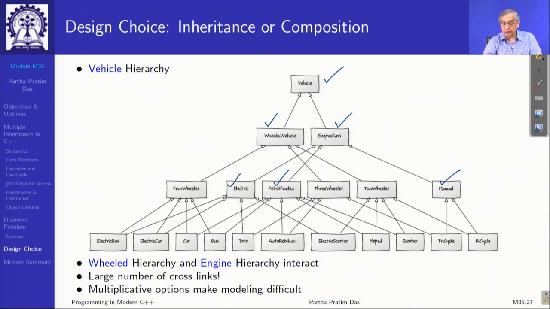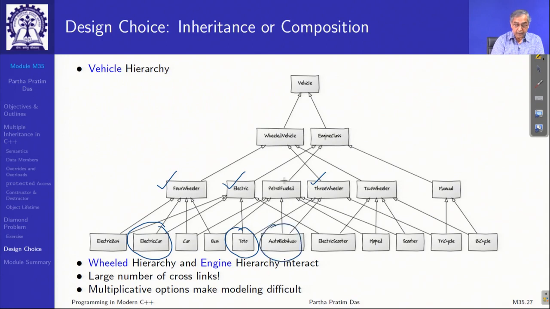So, given these two, now naturally there are several combinations of these properties that can happen. For example, an electric car is a 4-wheeler which is electric. A Toto is a 3-wheeler which is electric. A common auto rickshaw is petrol fueled and is a 3-wheeler, right.